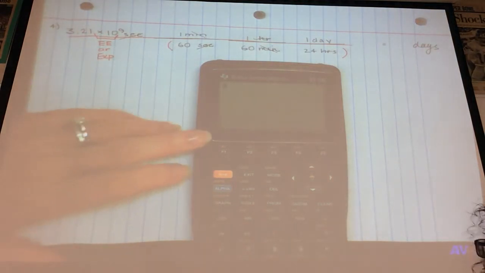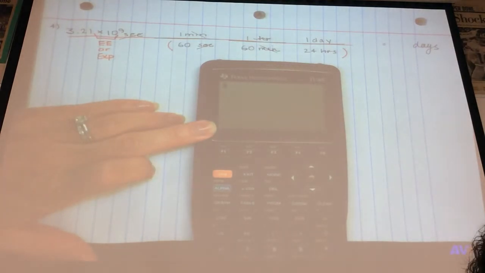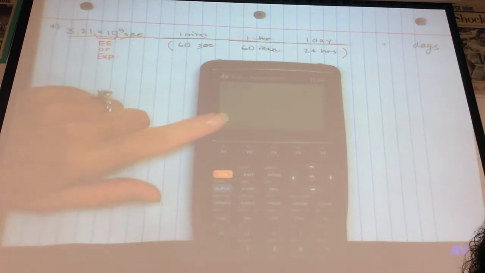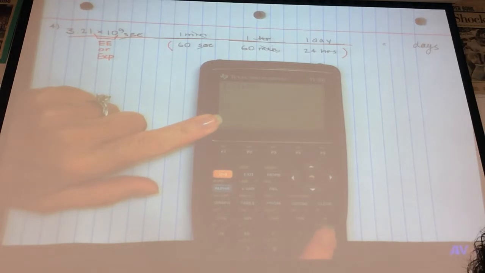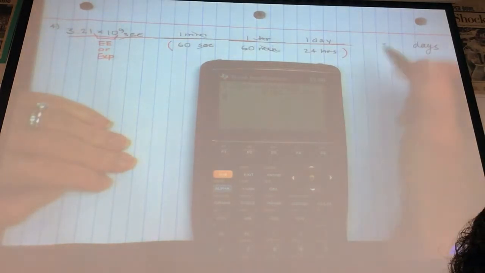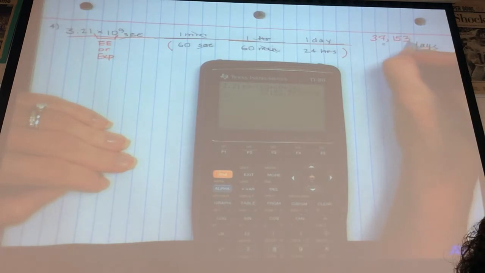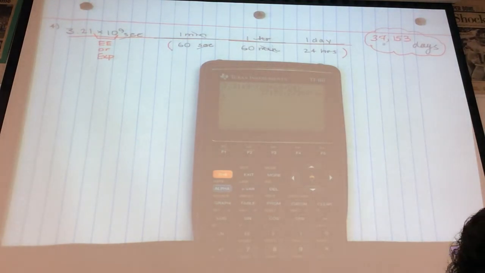Look for that button. On mine, I have 3.21 EE. An E shows in the display. 9, divided by open parenthesis 60 times 60 times 24 close equals, and that's 37,153 days. And again, I'll teach you how to round next week.